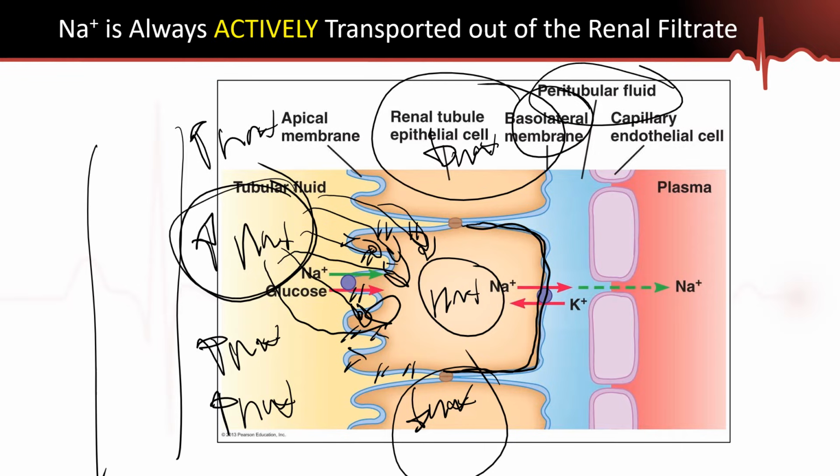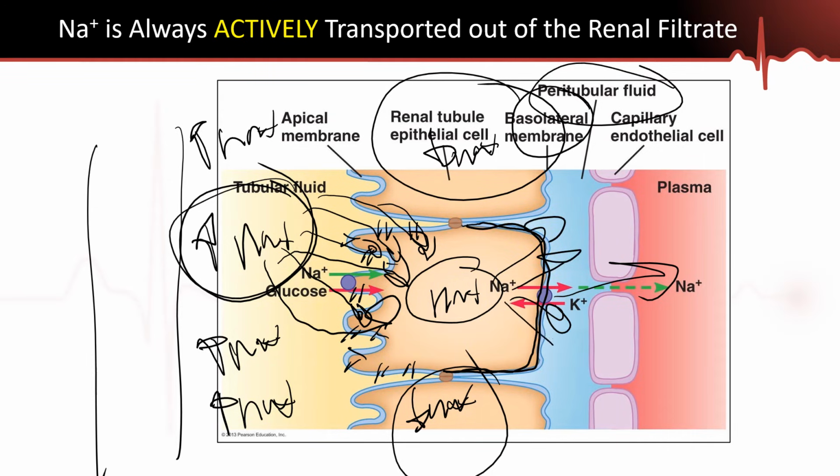We need to get sodium from the cuboidal epithelial cell, past the basolateral membrane and now into the interstitial fluid so that finally we can pull it into the bloodstream. But yet again, we run into a bit of a problem here, right? Because in order to move sodium from the epithelial cell into the interstitial fluid, we have to get it past the plasma membrane again.